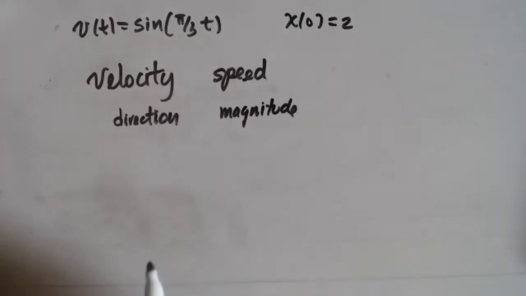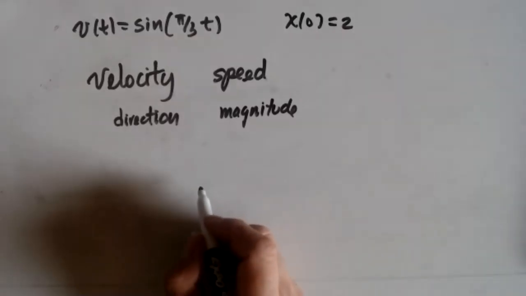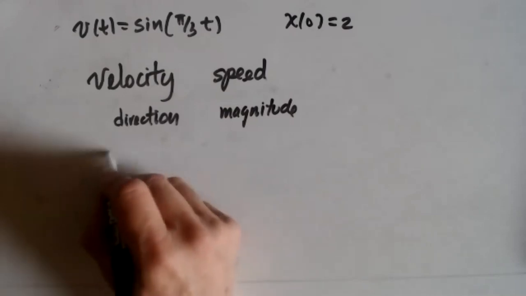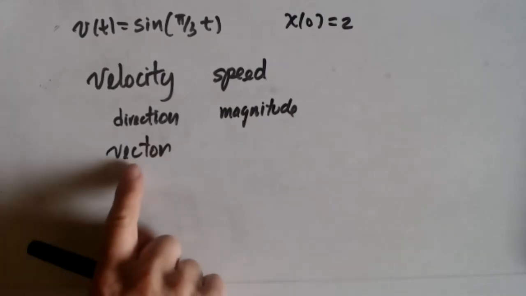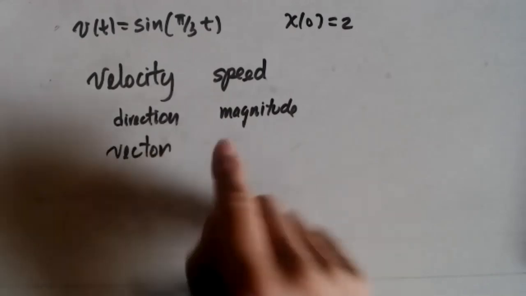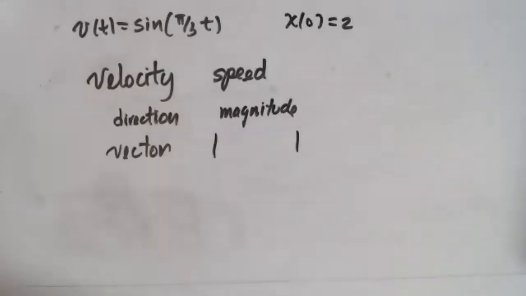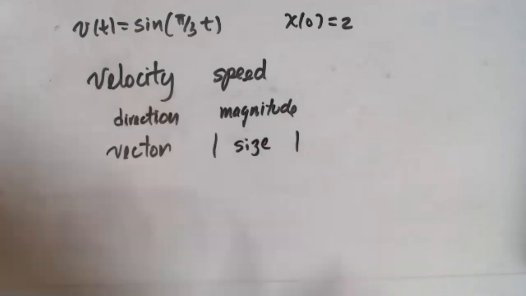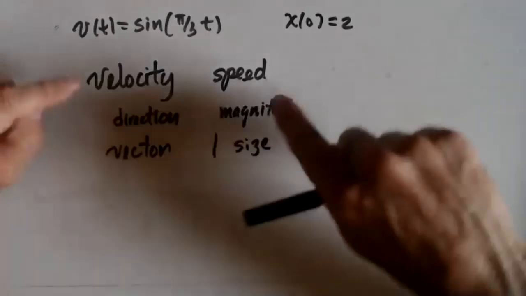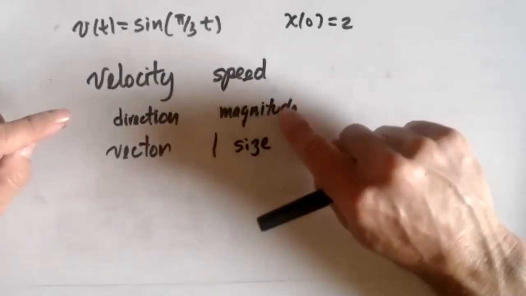Now, in your physics classes in college, what you're going to see is the velocity is a vector. Correcto? The velocity is a vector. And the speed is the magnitude of the vector. Is the vector size. Correct? So it's the size of the vector. So they are different. This has no direction. It's just a scalar.